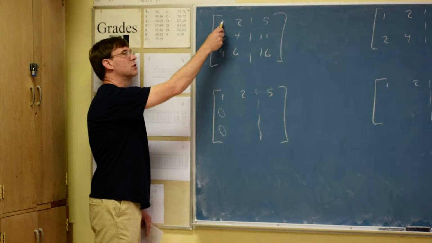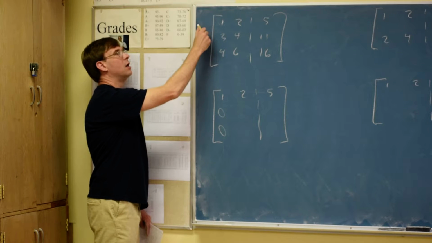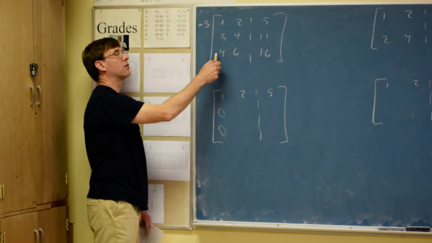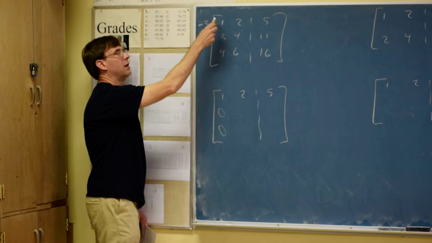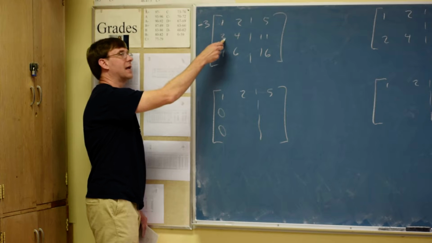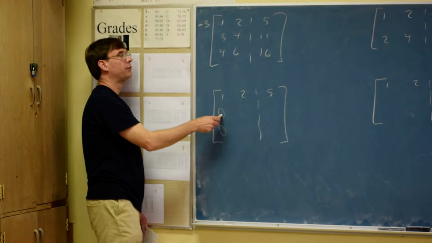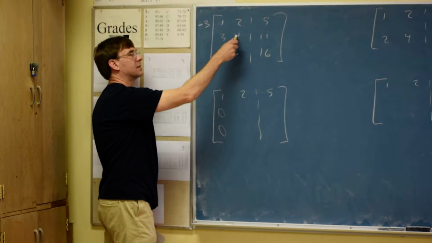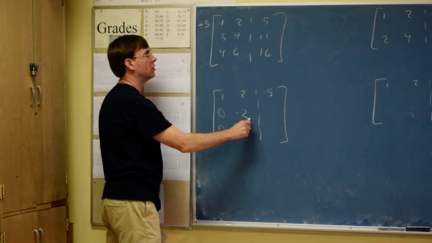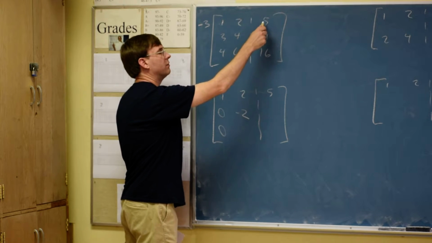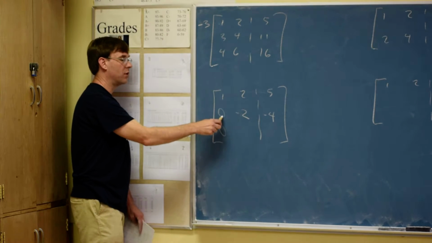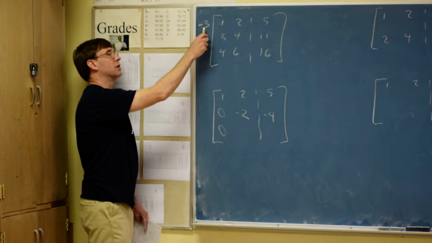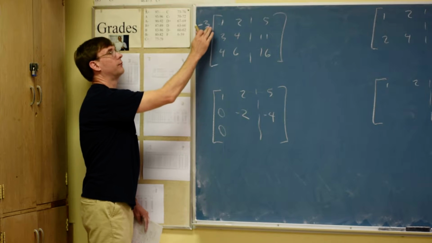So if we wanted to use a 1 to wipe out a 3, we would need to multiply by -3. Because if we multiply all of these things by -3, we'd get a -3 that can add down and create a 0. I'd get a -6 that can add down and make a -2. I'd get a -15 that could add down and make a -4. And I would have half accomplished my mission by using a -3 to kill the 3.